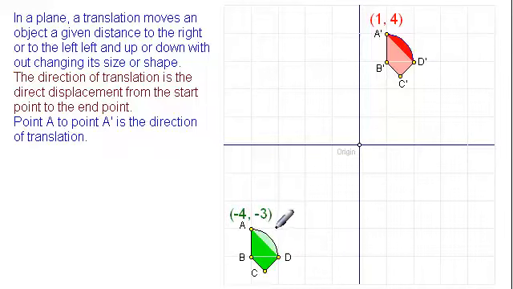So this green figure was moved 1, 2, let me switch to my pen, and then 3, 4, 5 units to the right.